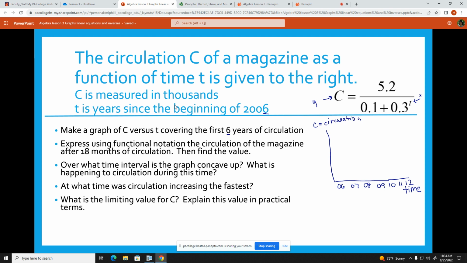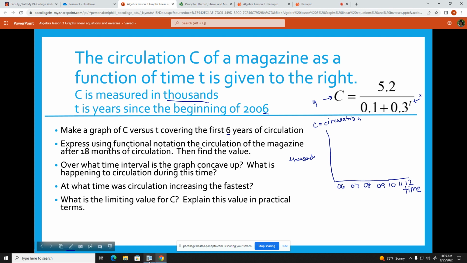I am told that it is in thousands, so this is thousands. But I honestly don't have any idea how to label that axis because I don't know at all what the circulation is. So I'm going to go to my calculator before I get any further on this.